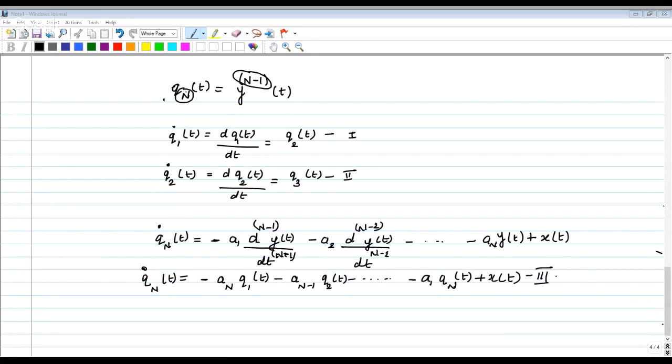All three equations, everyone is clear with it? How we got q1, q2, or qn, and q1 dot, q2 dot, and qn dot. That is the derivatives of the state variables. Everyone got it?